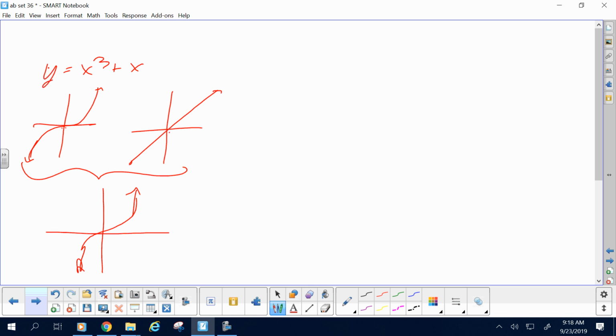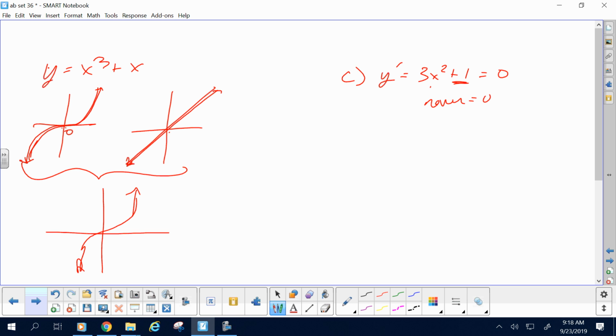Okay, so C then was, I imagine, the thing you were getting stuck on. Y prime is 3x squared plus 1. Now that's saying that the rate of change for the x cubed is almost always positive with a 0 spot at 0. But then you add on to that the derivative of x is always positive, always 1. The combination therefore is never 0.